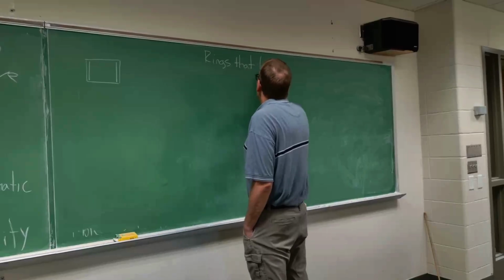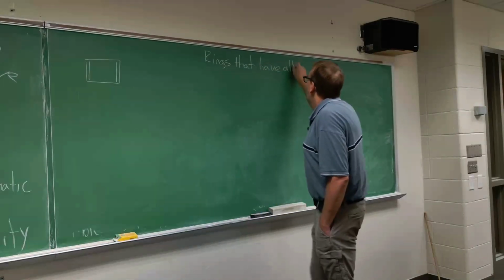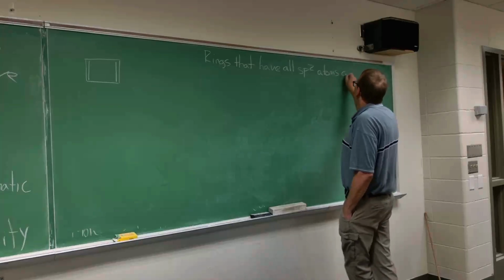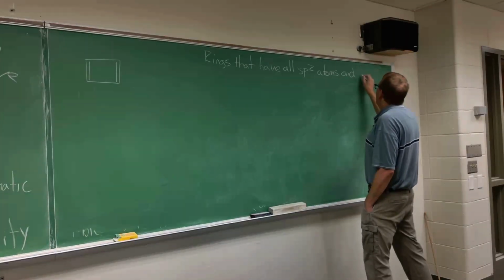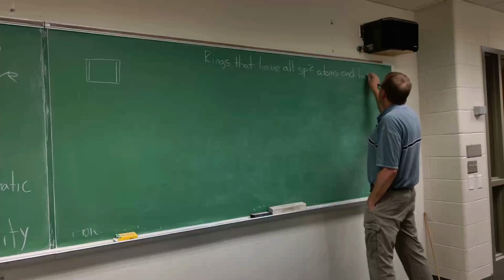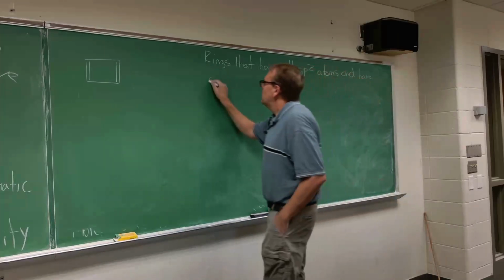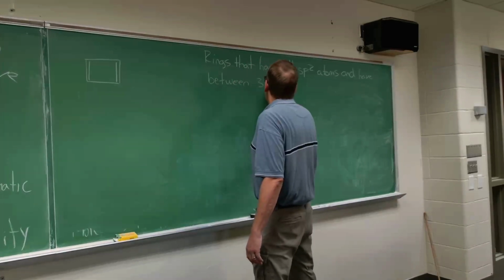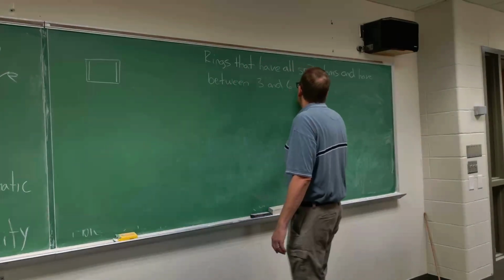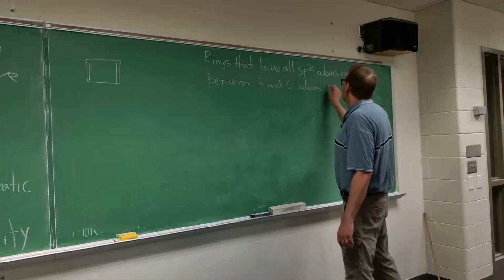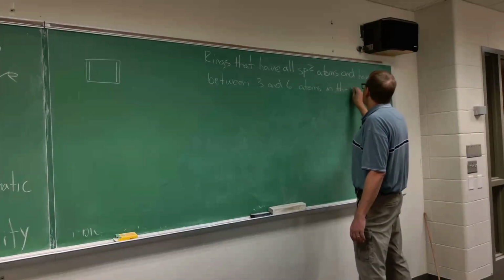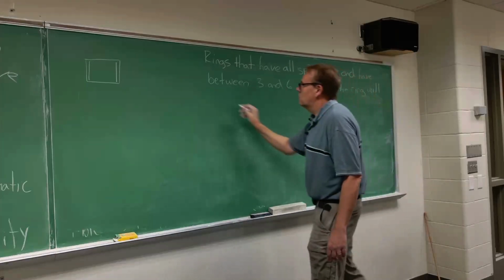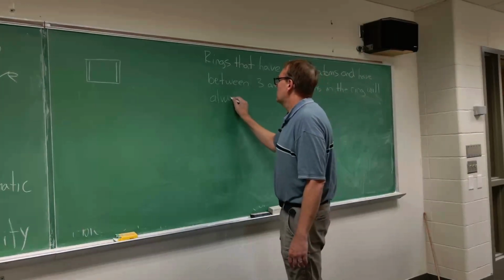Rings that have all sp2 atoms and have between 3 and 6 atoms in the ring will always be flat.